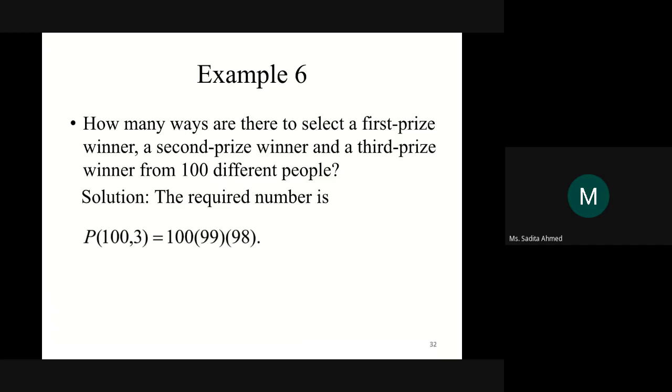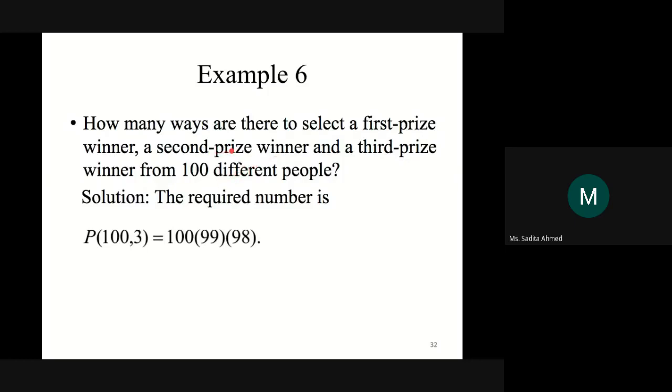In permutation, not only do you select a certain number of objects, but among those objects, a different order or arrangement gives us a new permutation. So based on that, you should be able to tell that this problem fits the definition of permutation. This is counting 3 permutations from 100 distinct objects.